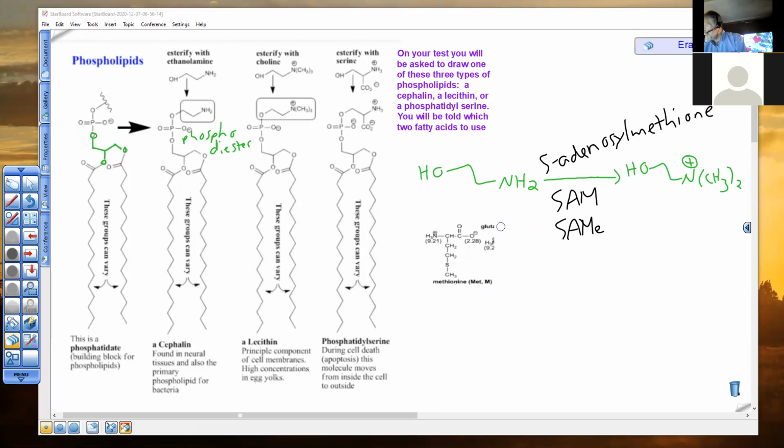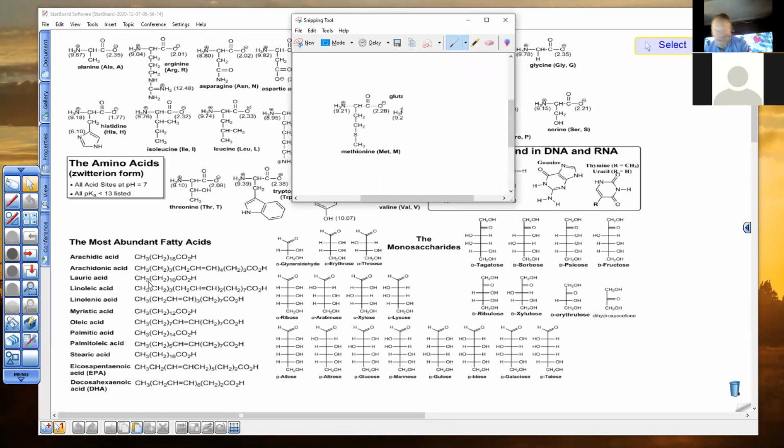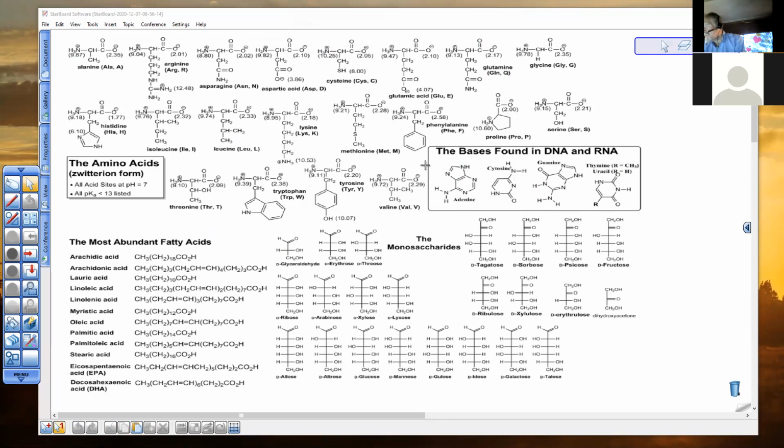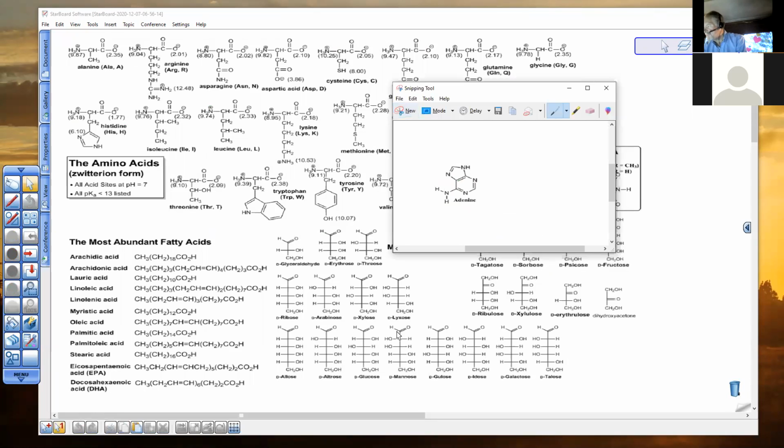And S-adenosyl methionine means there's an adenosyl nucleotide using the adenine base. Adenine base over here. Adenine here. And we have that over here.